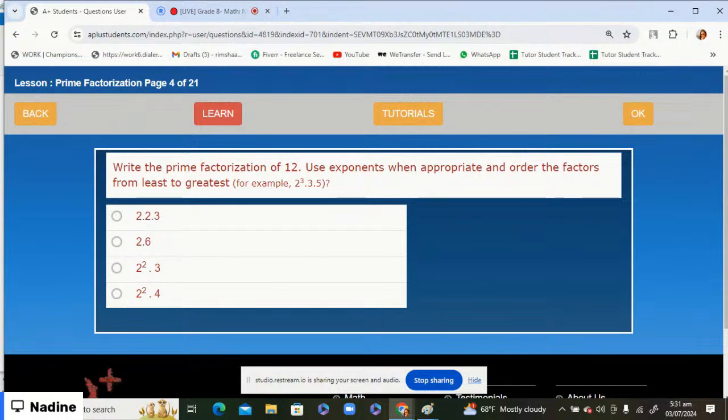So for 12, 2 times 6 is 12, 2 times 3 is 6, and 3 times 1 is 3. So it's 2 power 2 and dot 3. My answer is this. Is that the right answer or wrong? This is the right one, okay?